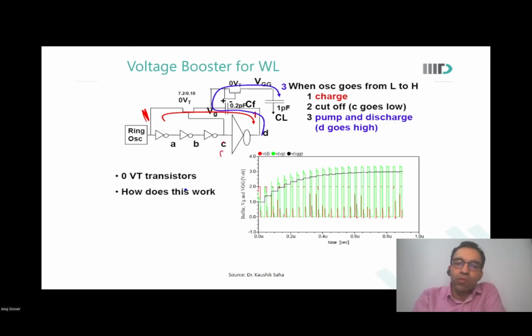C was initially 0, and it will go to 1. Until it has gone to 1, this transistor is off, and D would go from 1 to 0. So this transistor is off. This side of this node holds the earlier voltage, the earlier charge only, and the other side has discharged to 0.